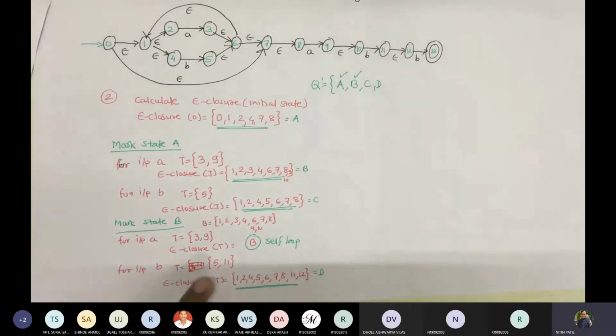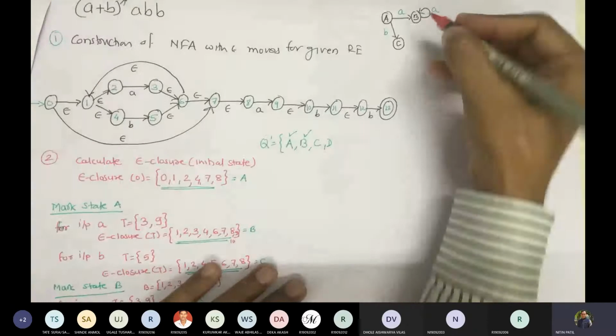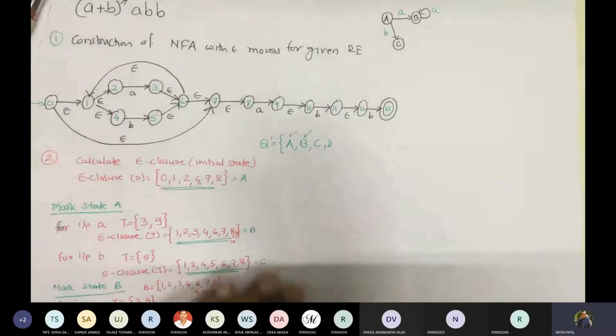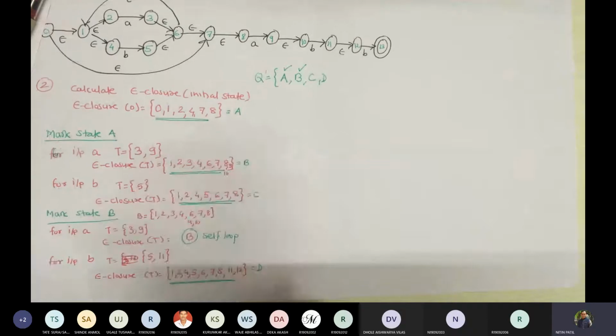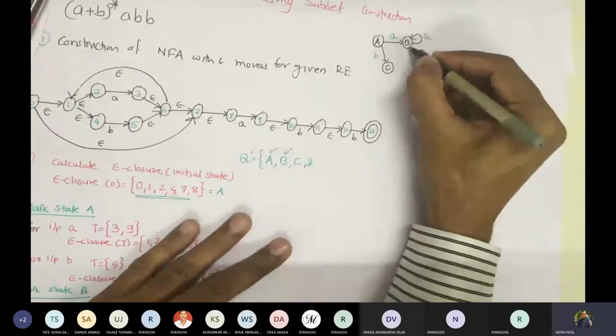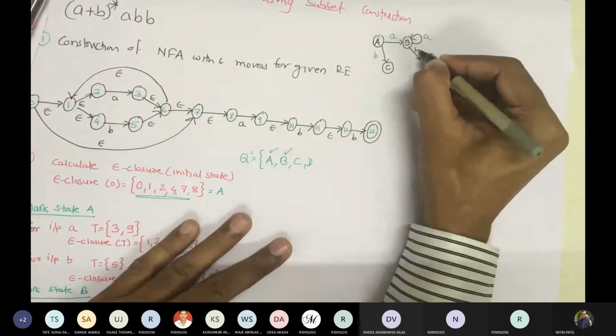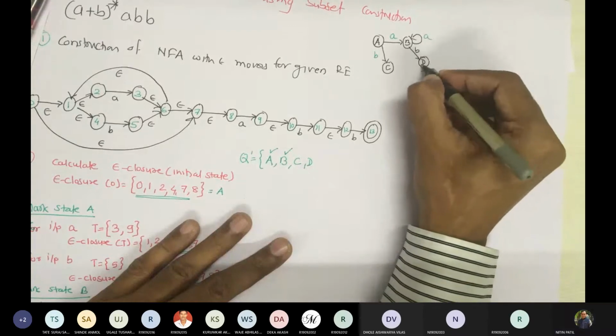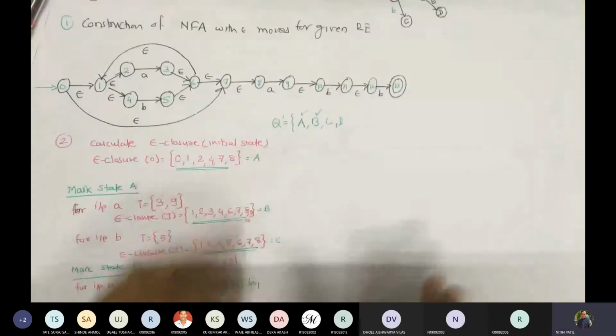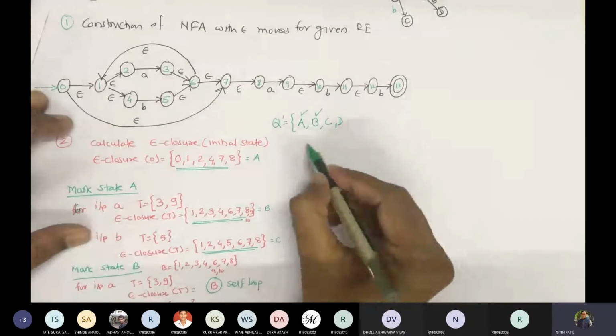Correct. So for B, when we give input B, we are going to state D. So that's why we'll add the B transition to D. Fine. Now we are done with A and B.